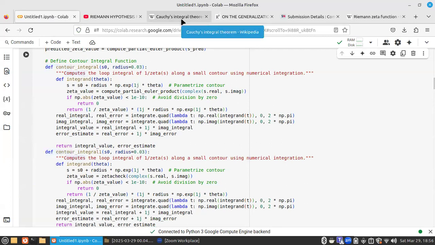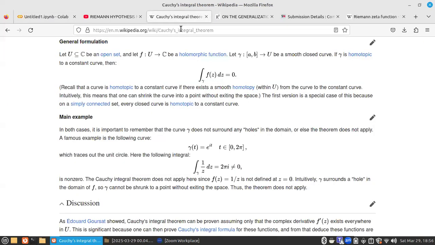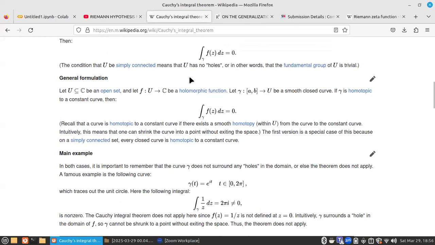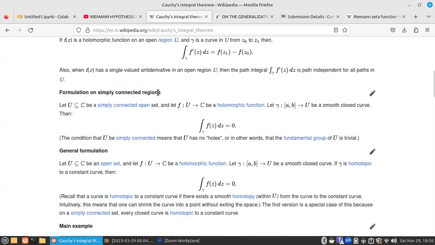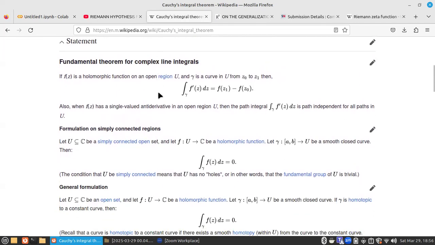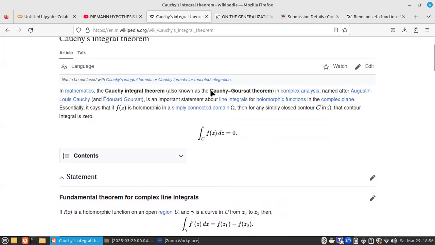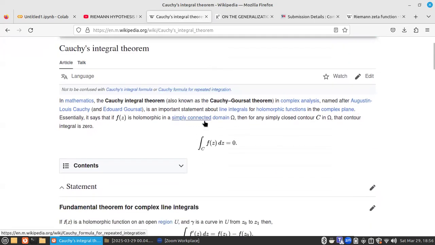It is based on Cauchy integral theorem, which is right here. It says that if the function is holomorphic on some domain, then the integral over each closed loop of this function should be zero.